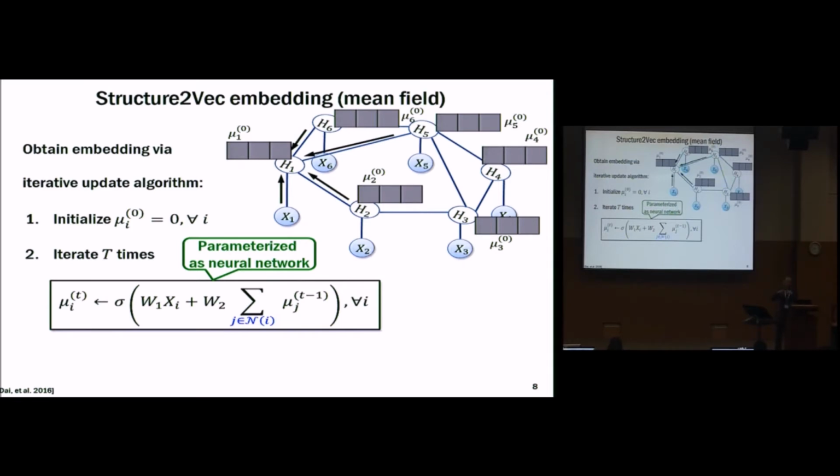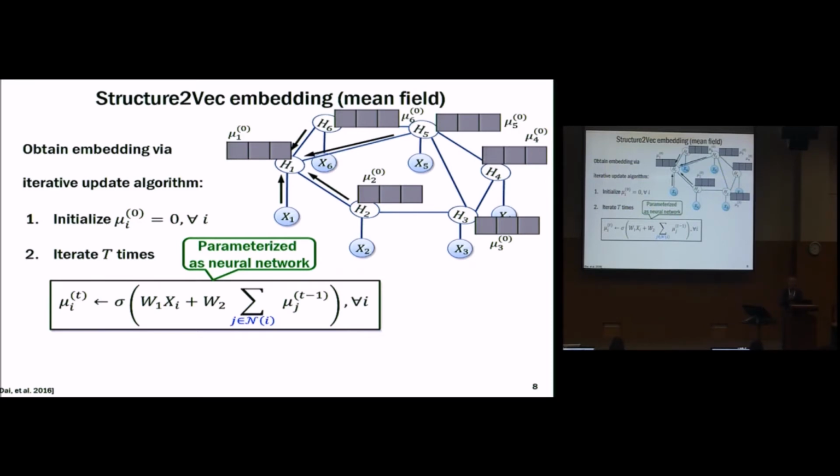And then you apply transformation W2. And then the raw feature in this particular node, Xi, is also going to be transformed by W1. After you merge these two sources of information, you push this aggregate information through one nonlinear transformation, sigma, right?